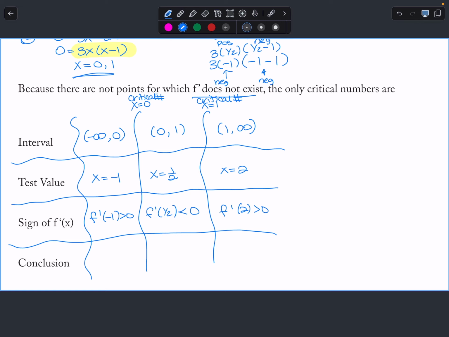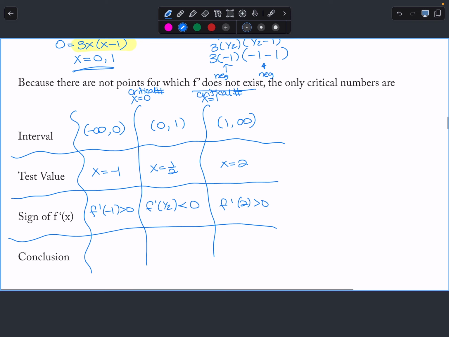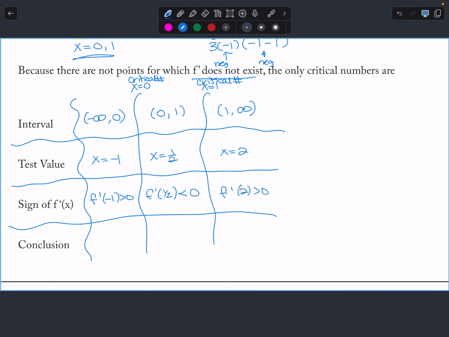Questions so far? So when my derivative is bigger than 0, I have f is increasing. Where my derivative is less than 0, I have f is decreasing.